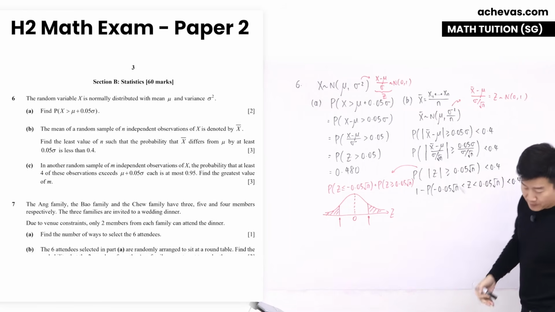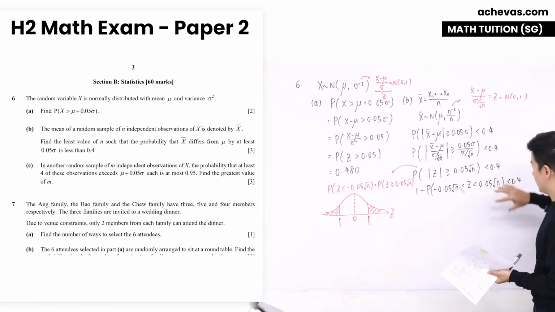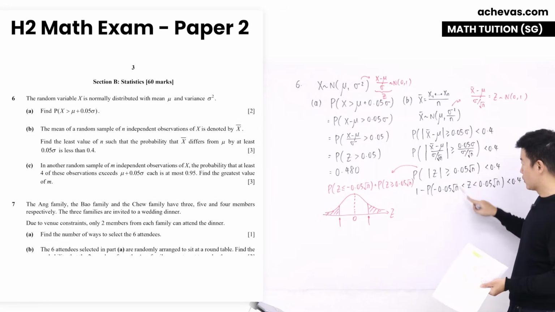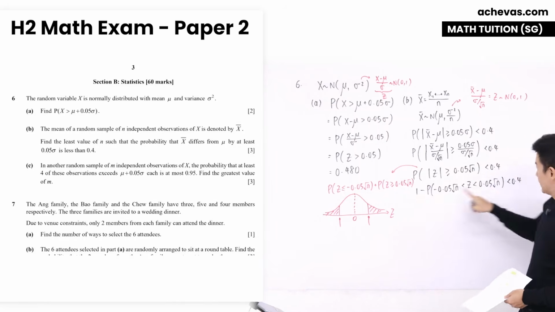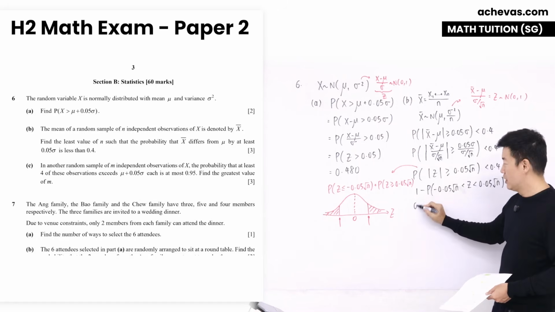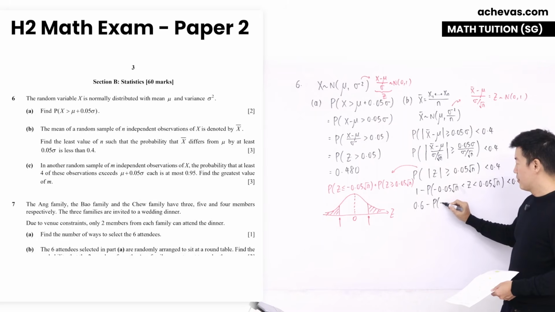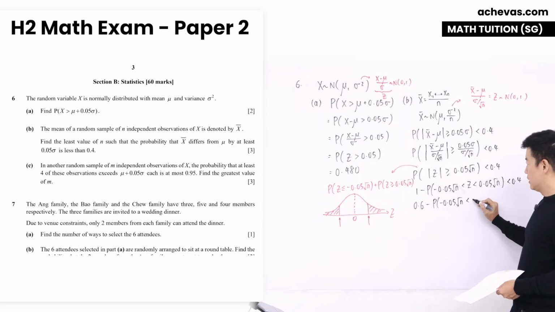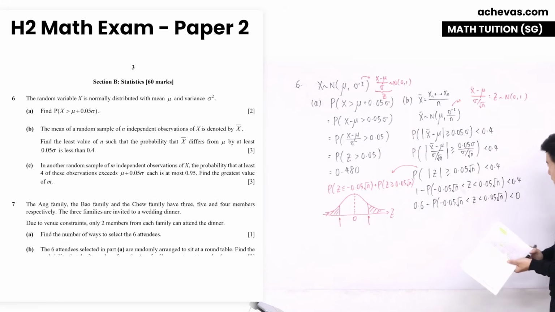I'm going to do one more improvisation, which is to bring everything over to the left-hand side so that I'm going to be comparing to 0. So if I bring this over to the left-hand side, we will have 1 minus 0.4. So this will be 0.6 minus the probability of z being between minus 0.05 square root of n and 0.05 square root of n. This is less than 0.